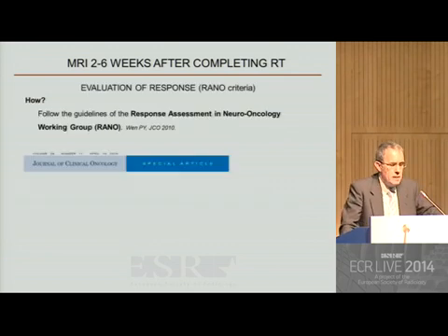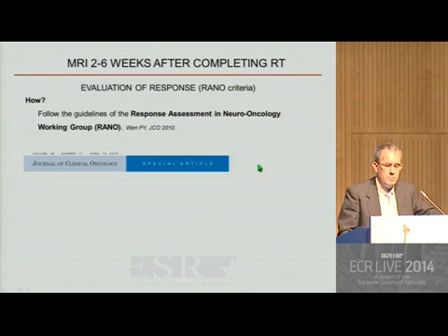Okay, we have this exam, and the aim of this exam is to evaluate the response. The recommendation is to follow the guidelines of the Response Assessment in Neuro-Oncology working group to do the evaluation of response. You can find these criteria in this nice paper in the Journal of Clinical Oncology.